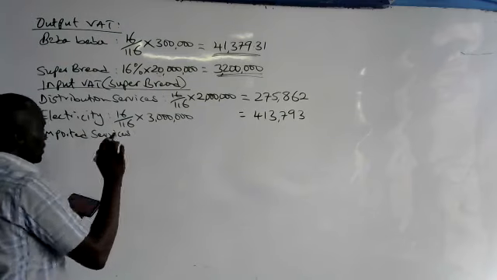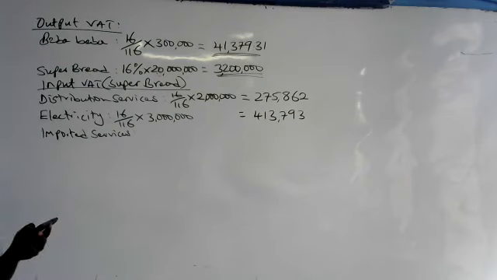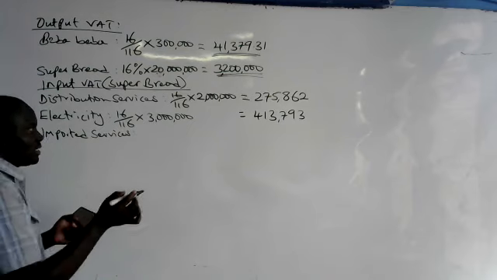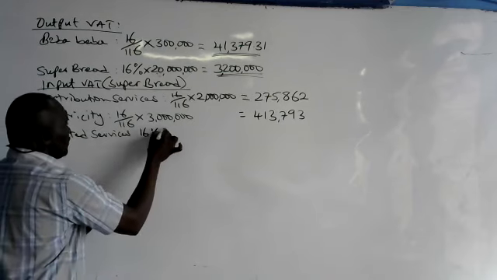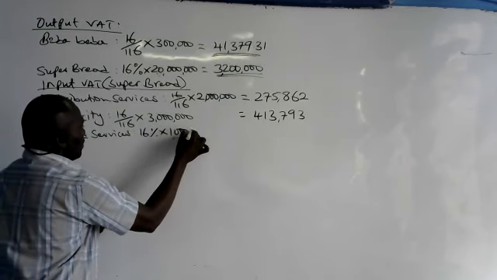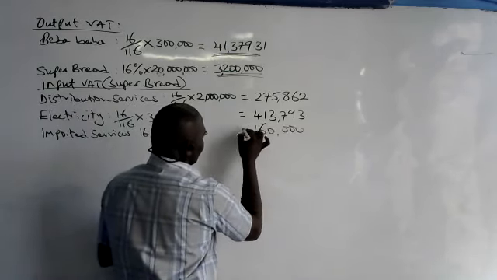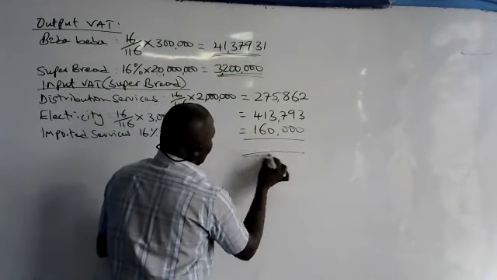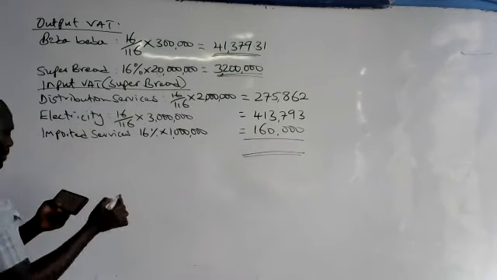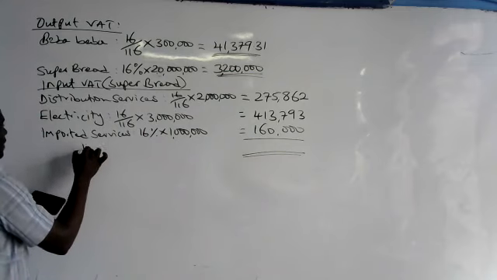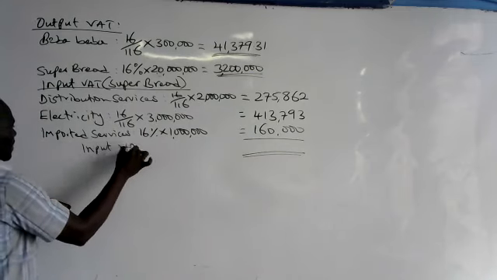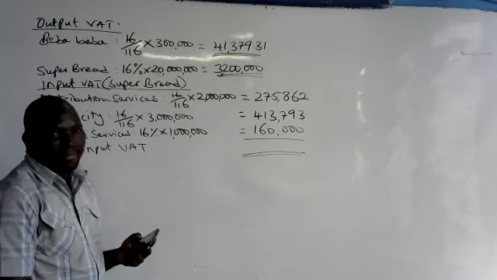So this one becomes just import duty, but we're not charging any duty. You don't have the rate, right? So 16% of a million. This one I know. So input VAT.